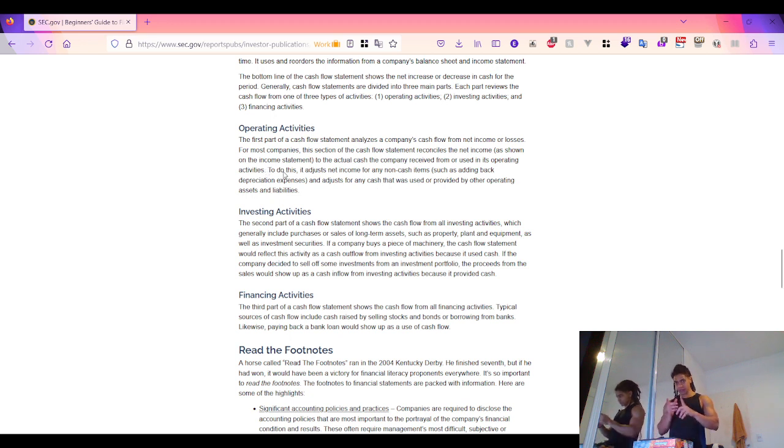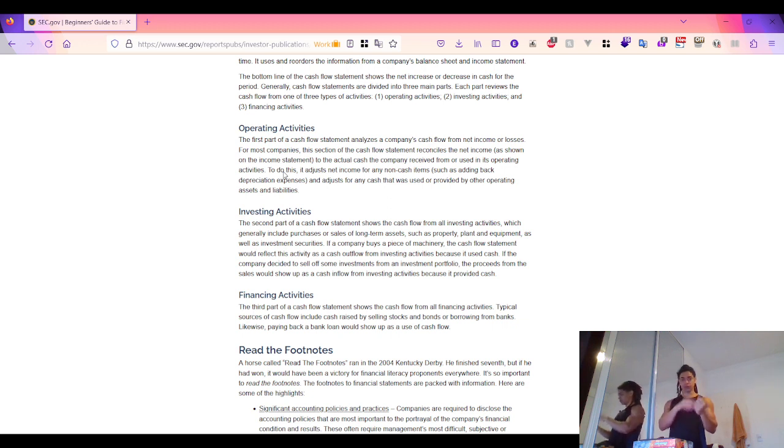To do this, it adjusts the net income for any non-cash items, meaning items that affect the income statement, such as stock-based compensation, amortization, or depreciation, without any cash transactions.